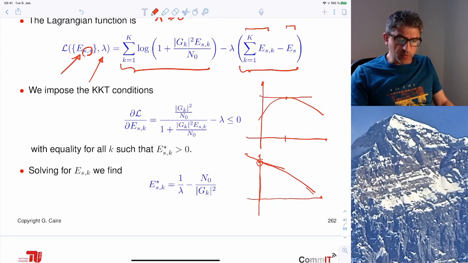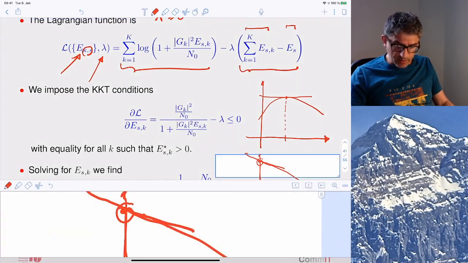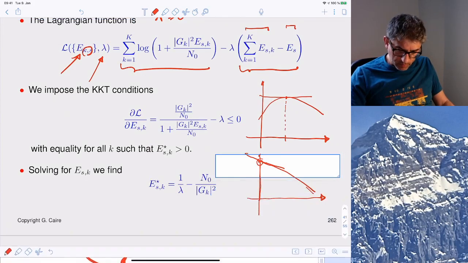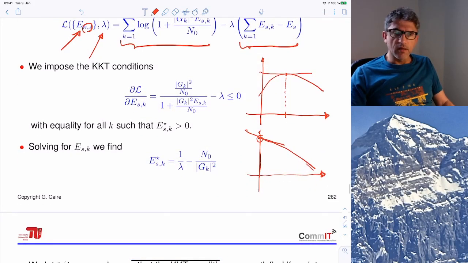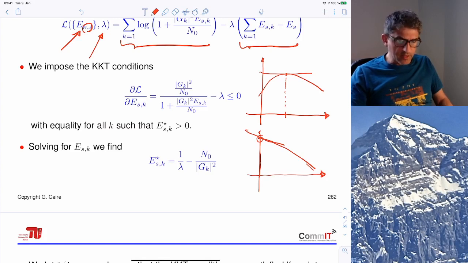In fact, first with equality, hoping to find, as we did for the Blahut-Arimoto algorithm, if you remember. In that case, we had nothing to discuss, because automatically the solutions were all non-negative. It was exponentials. So in that case, the discussion of what happens at the boundary was irrelevant, but in this case it is relevant.